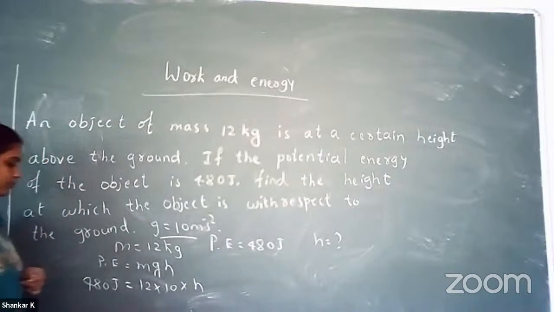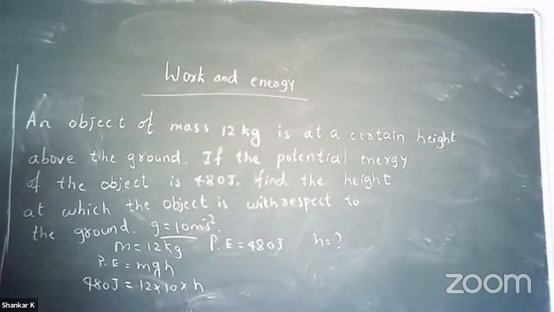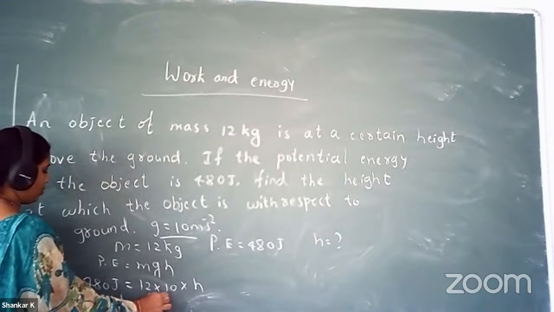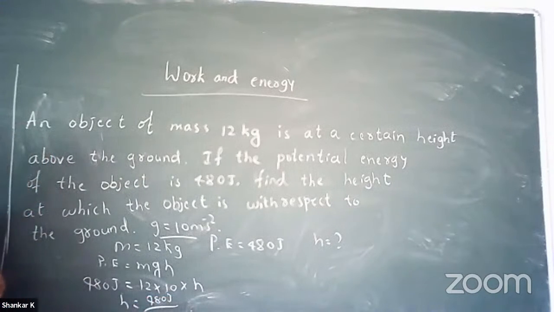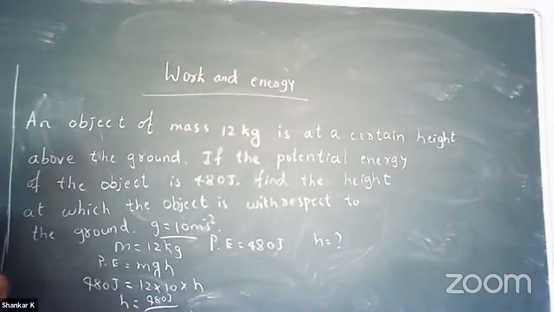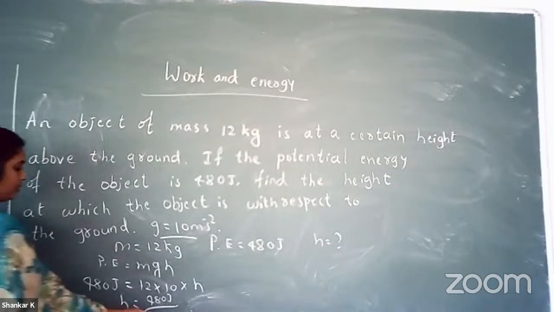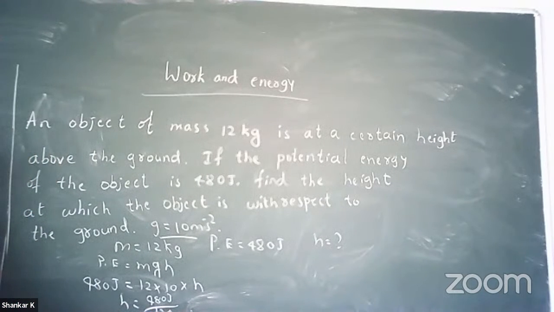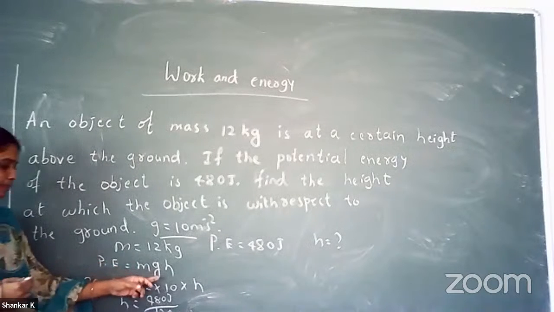Then h is equal to 480 joule divided by 12 into 10. 12 into 10 is 120 kg meter per second square.